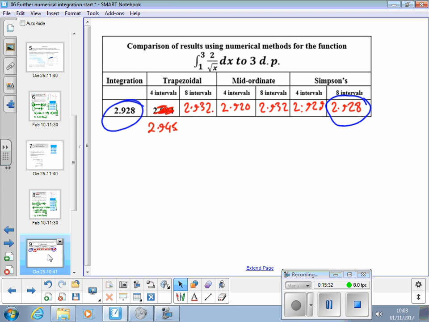So the final thing for you to do today, other than the further problems at the end of the notes, is to do the river problem using Simpson's rule. I've made sure you had an odd number of ordinates, so you can use Simpson's rule on that and see what value you get.